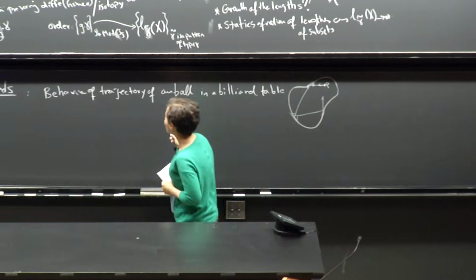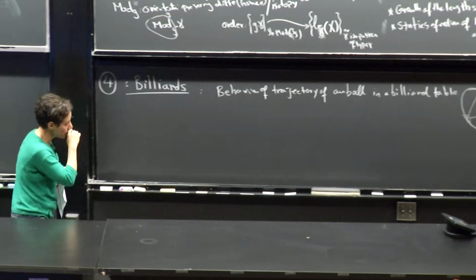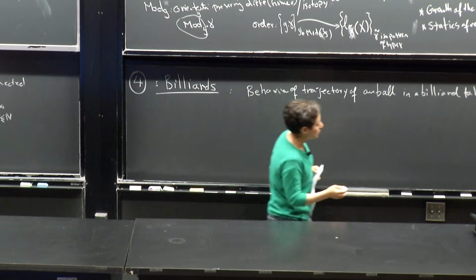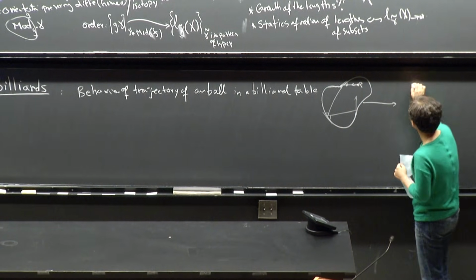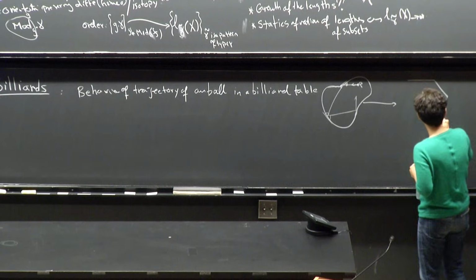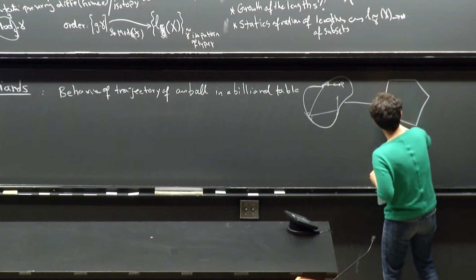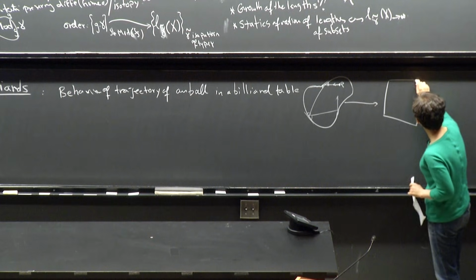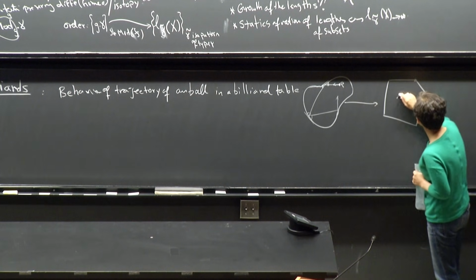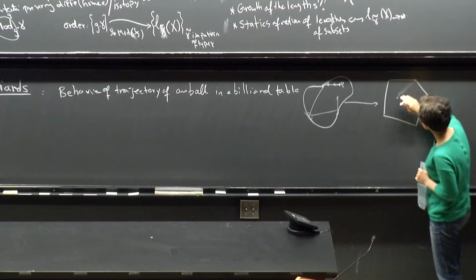But maybe instead of having a smooth thing, we can also look at the polygon billiard. Basically the conditions are the same.